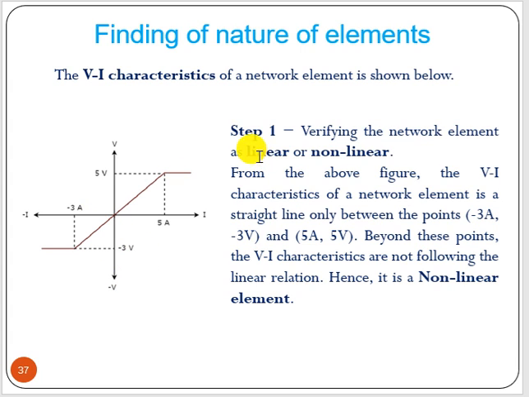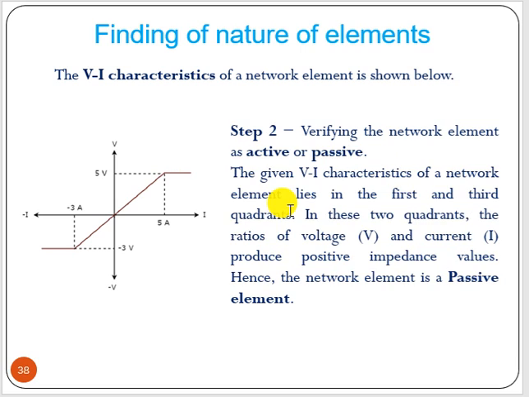Now whether it is linear or non-linear, so you can see it started going through the origin as a straight line, but after that it is not a straight line. So the total characteristic is not a straight line, though it is passing through the origin, so it is a non-linear element. Now second is active or passive. You can see this is in the first and third coordinate, so P is positive, so it is a passive element.